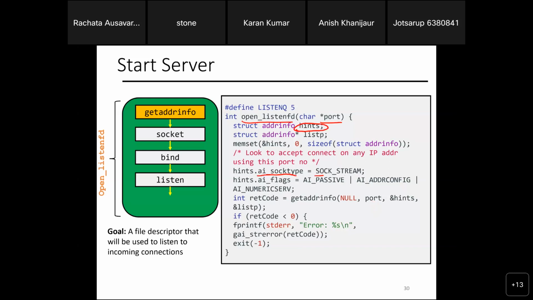We put the socket type because it's just an echo server. It's a stream socket. For ai_flags, put in AI_PASSIVE, AI_ADDRCONFIG and AI_NUMERICSERV to set up the hints. I do recommend you go to the addrinfo struct information because it will explain what it means to be AI_PASSIVE, AI_ADDRCONFIG, and AI_NUMERICSERV.